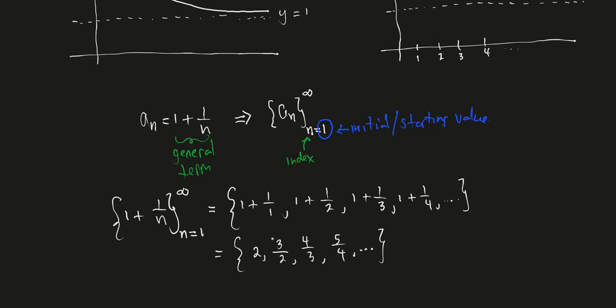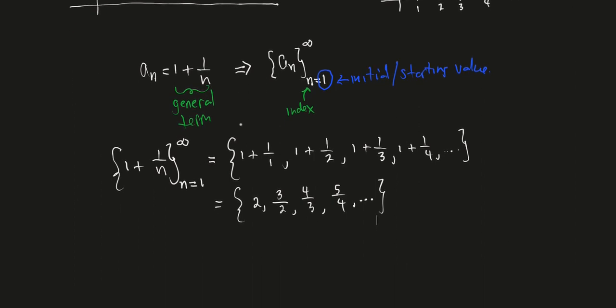And because of the order in the set of integers that we're using, there's always a well-defined first term. So the 2 here is often referred to literally as the first term in our sequence.